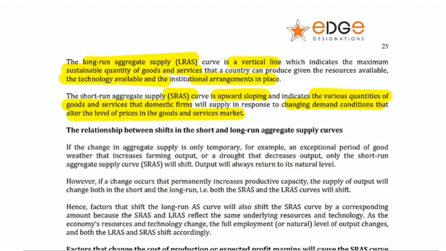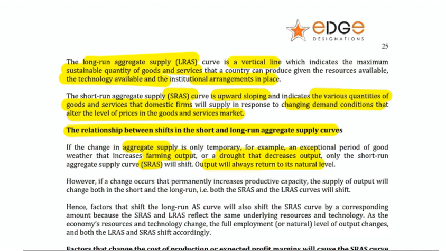What is the relationship between shifts in the short and the long run aggregate supply curve? If the change in aggregate supply is just temporary, for example, there's a fantastic period of good weather that increases farming output, or on the reverse side, a drought that decreases output, then only the short run aggregate supply curve will shift.